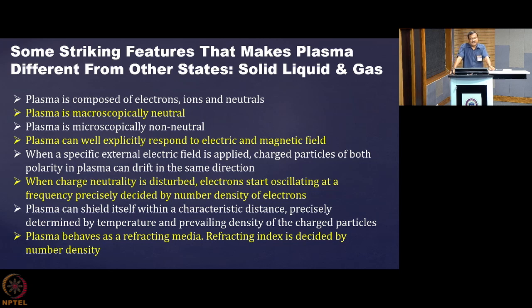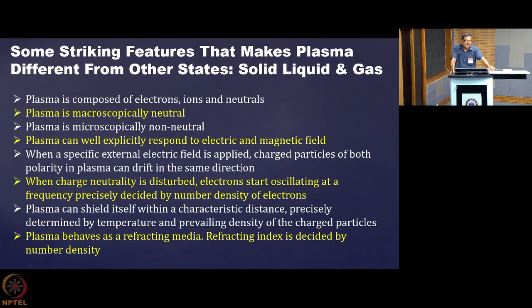Now, in a plasma, it happens sometimes that when you apply an electric field, both positive and negative charge particles move in the same direction. So that is very funny, isn't it? So that way it behaves in a completely different way from what we are used to. So that is how plasma is very interesting.